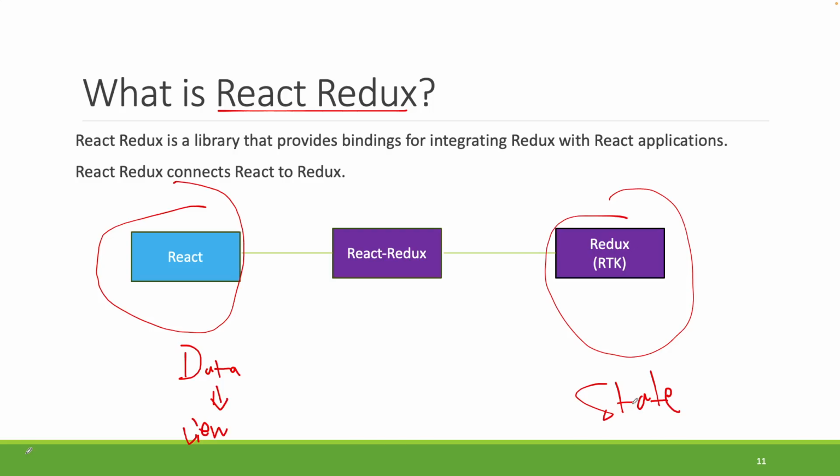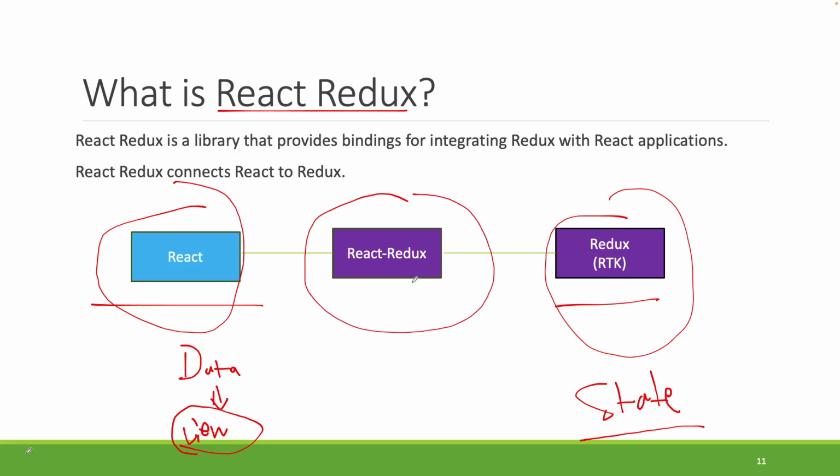But if my state is changed, do I know I should trigger to re-render the view? No, Redux doesn't do that. Only React knows, okay, when your data is changed, I will need to re-render the view. But when Redux or Redux Toolkit state is being changed, it doesn't know it has to render the views, right? So we have to have a bridge between them, and this is called React-Redux, okay?